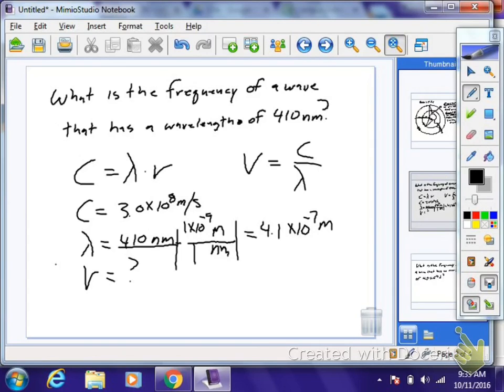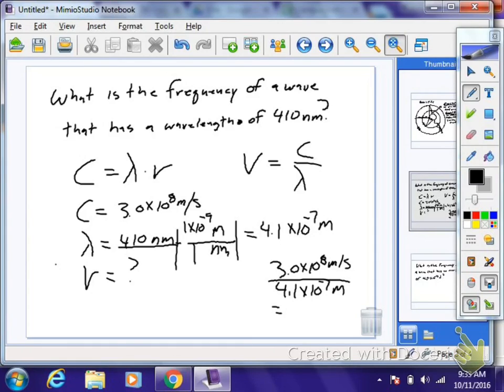I take 3 times 10 to the 8th meters per second, divide by 4.1 times 10 to the -7th meters, and I'll get my answer. I think it's something like 7 times 10 to the 14th, when you do that.